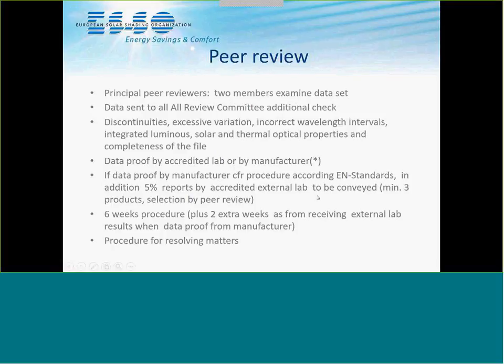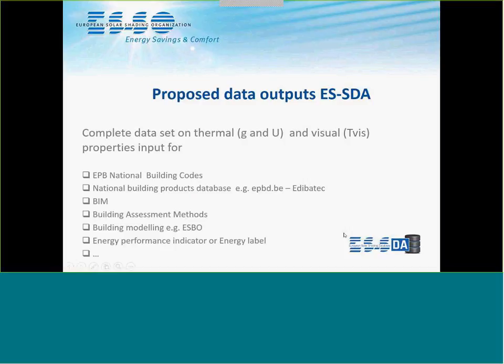The data proof will be presented, and if the manufacturer wants to present himself the measurements because he is doing it according to the standards, he may do that, but then we will ask 5% of his products to be presented also by an external lab report to have a cross-checking with it. So all in all, it will be a 6 weeks procedure, and we will also provide a procedure for resolving matters.